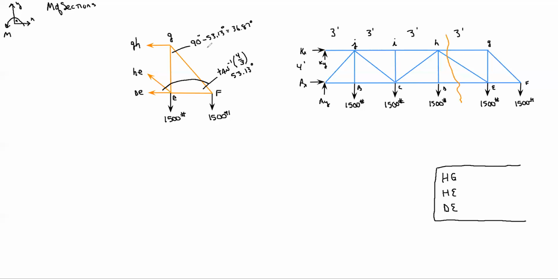All right, I'm ready to start. What do we have? In the Y direction, it looks like we have 3 Y components. The external force at E, the external force at F, and then the internal Y component of HE.